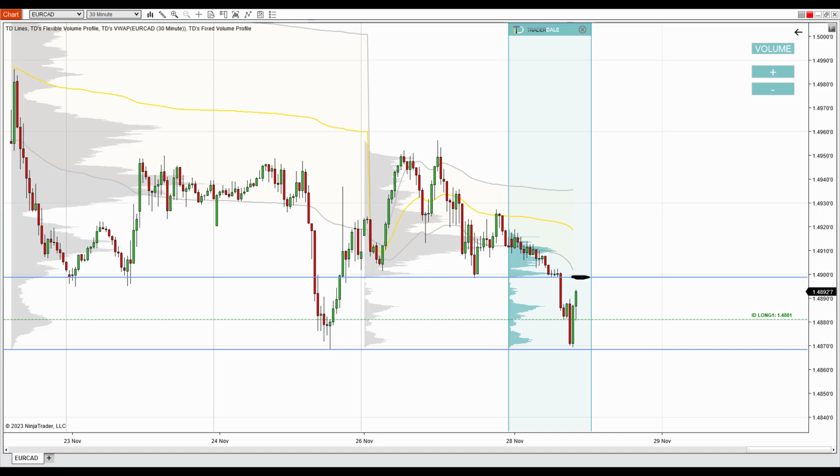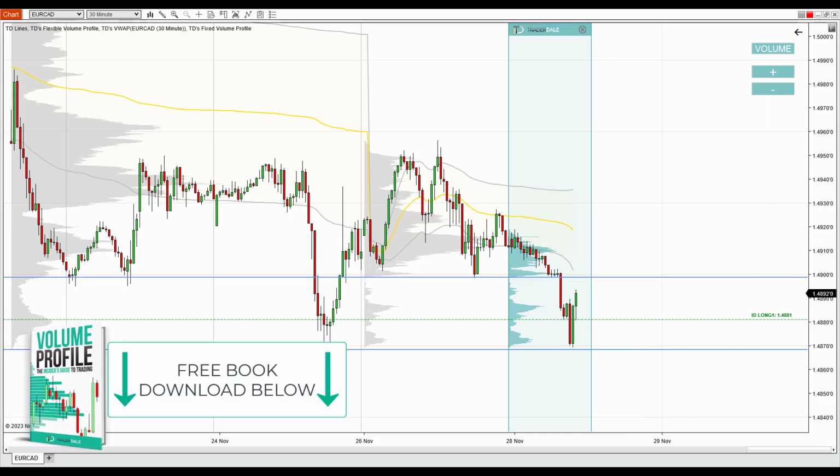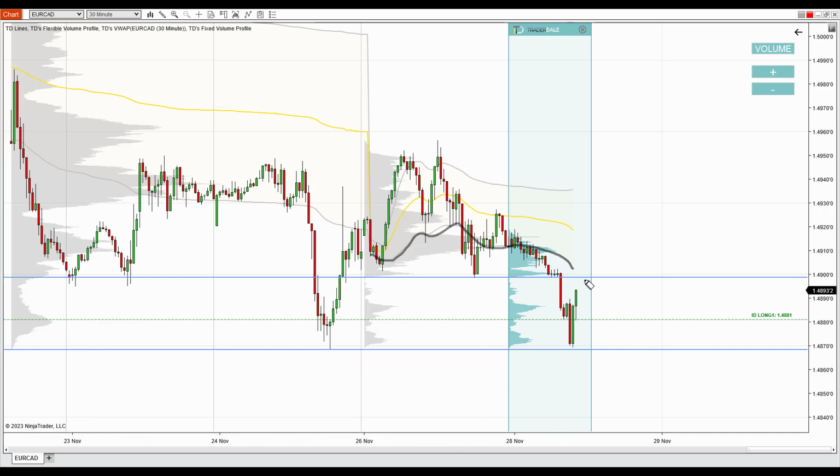And finally, the third reason for this take profit placement is if you look at the first deviation of VWAP, that's this gray line, then it's very close to the level. It's currently heading downwards, and price likes to react to this first deviation of VWAP, especially when it's combined with price action setups like this one, or with volume profile setups like this one.